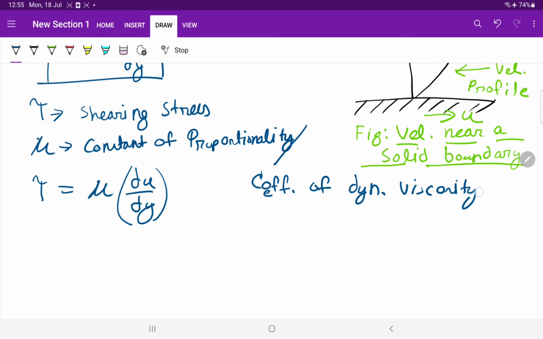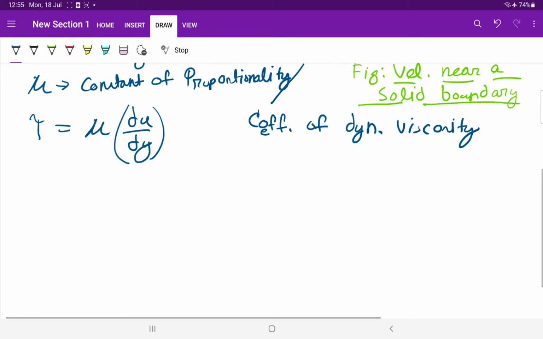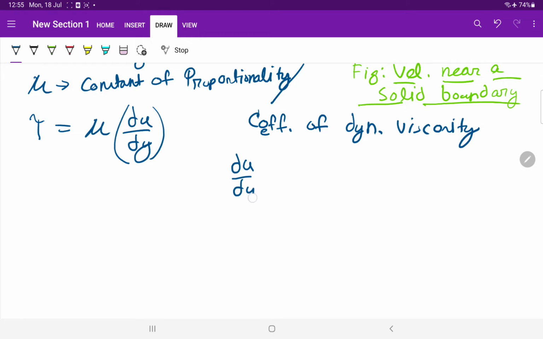This is the more commonly used name. And what is du by dy? Here it is the shear strain rate, that is, the shear deformation rate.